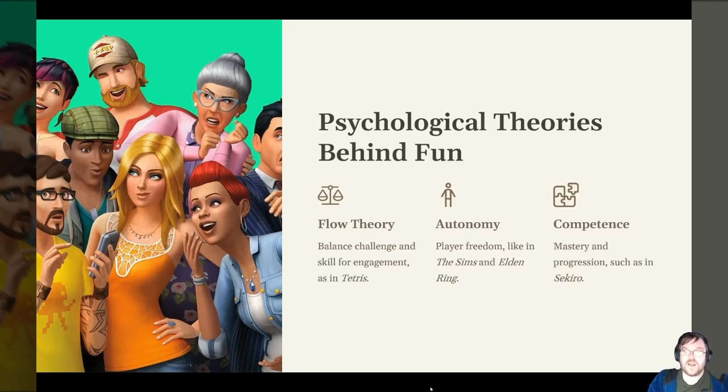Autonomy and competence are parts of self-determination theory, which is the idea that given a person having autonomy over their actions, the ability to master skills, and the ability to relate to the actions that they're taking, or the environment that they find themselves in, rather, they are able to self-actualize. So that's the overall theory on those. I should mention that. That's important.